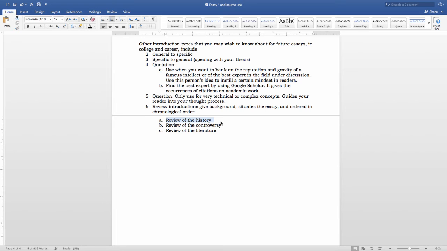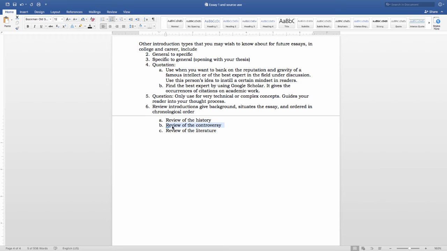A review of the history might go back 120 years ago to the beginnings of the bans on drugs and their effectiveness. So you might say such and such a thing happened in 1908, and such another event happened in 1928, and you'd be moving in chronological order through history from beginning to most recent.